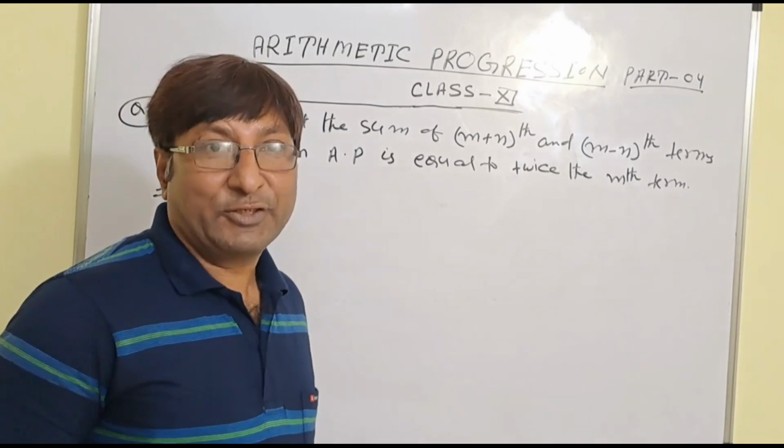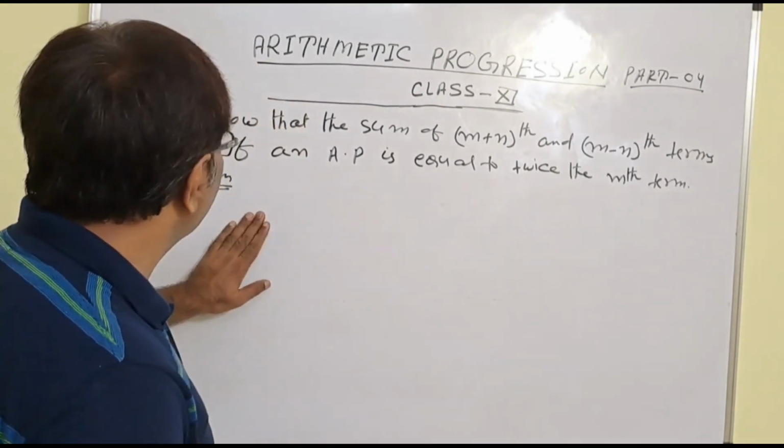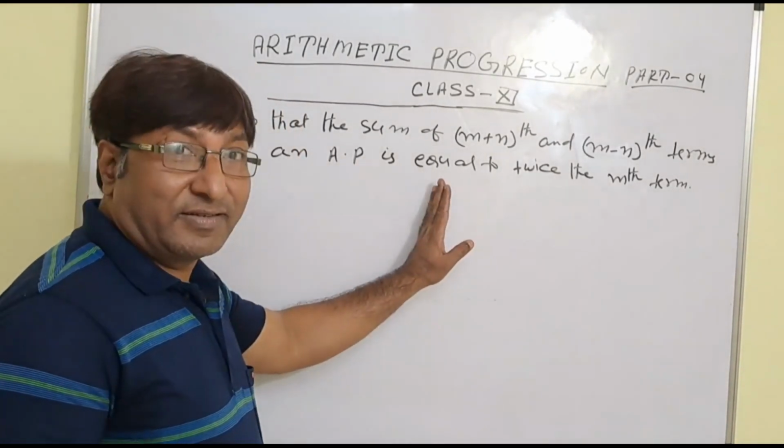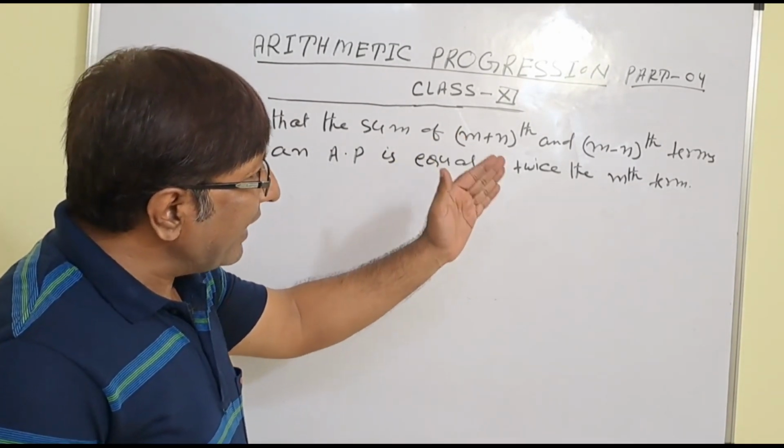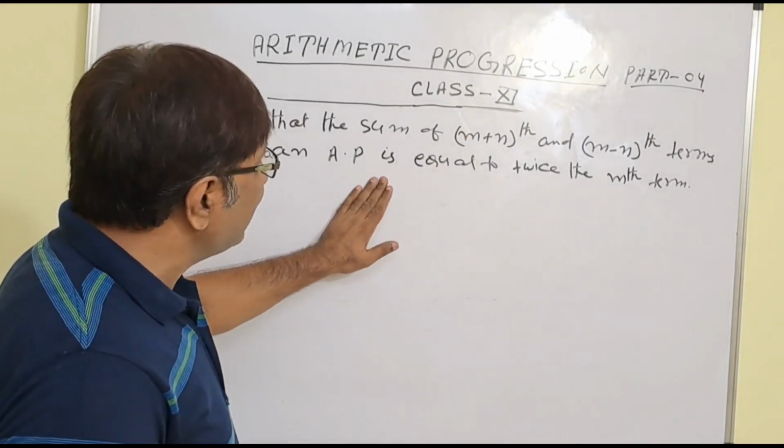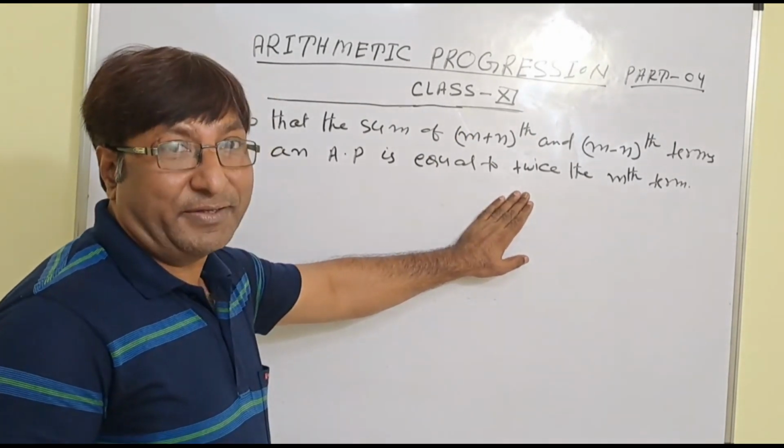Let us see the next question. The third question is: prove that the sum of the m plus nth and m minus nth terms of an AP is equal to twice the mth term.